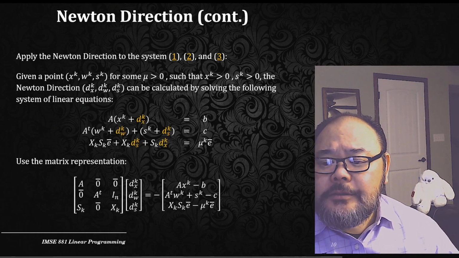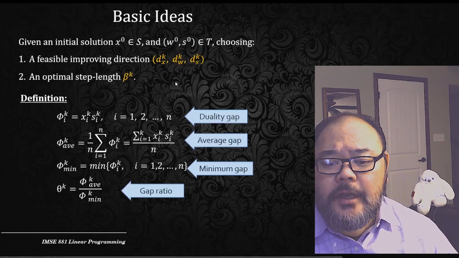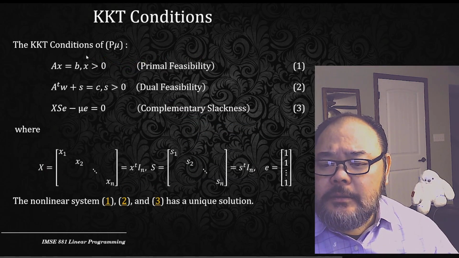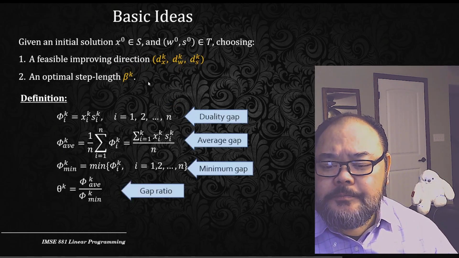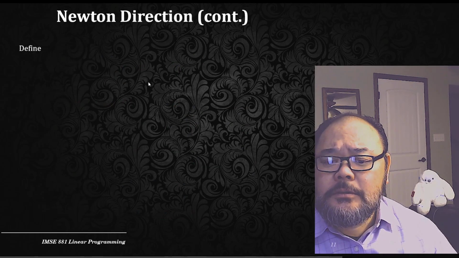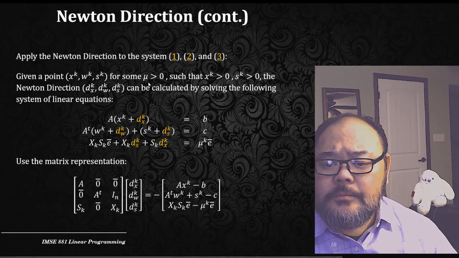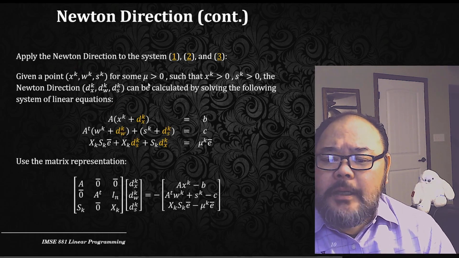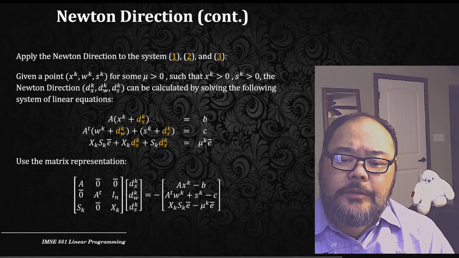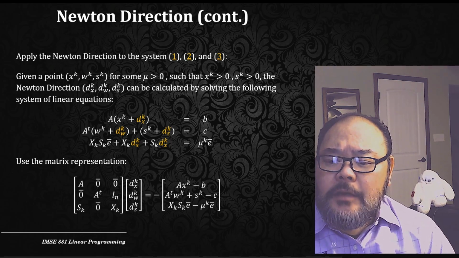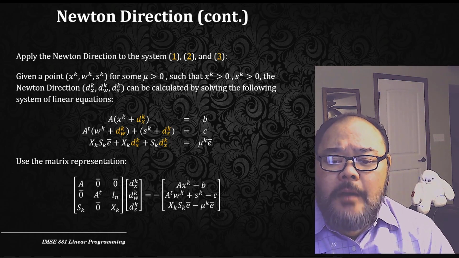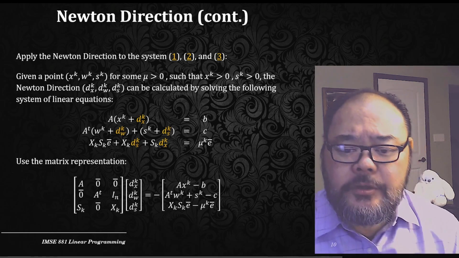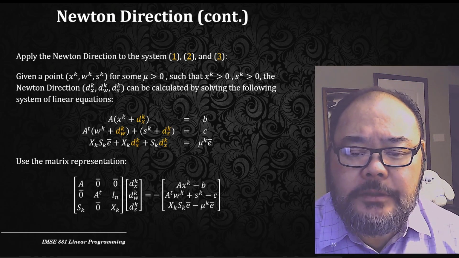The Newton direction applied to the system, equations 1, 2, 3, which is the KKT condition right here. Applying the Newton direction to equations 1, 2, 3, the KKT condition, at a point xk, omega k, sk, the current solution, for some barrier parameter mu greater than 0.